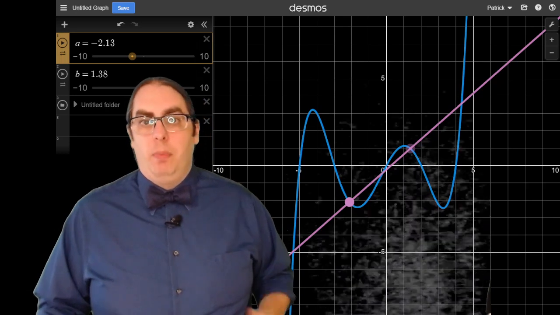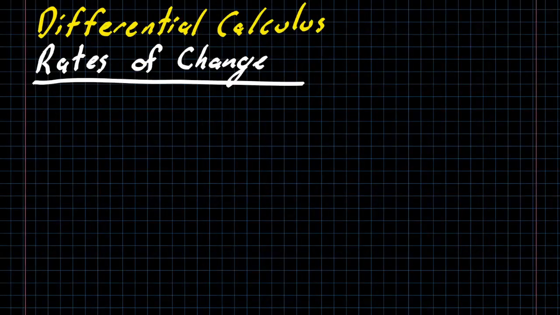Let's go back to my notepad and do just that. So consider, for example, a function f of x equals x squared plus 2x plus 5.